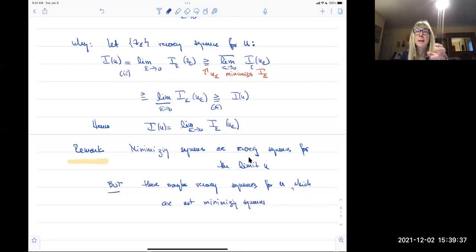For example, if you add a little order of epsilon, you still converge to the right thing, but it's no longer a minimizer at the epsilon level, right? Okay.